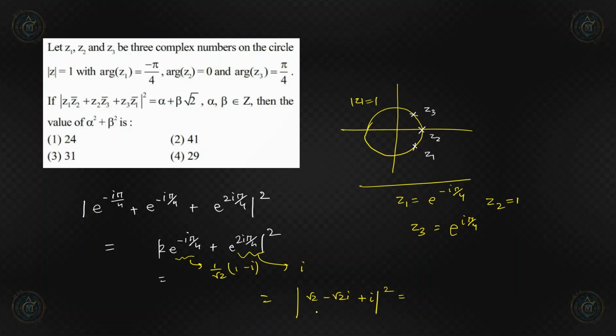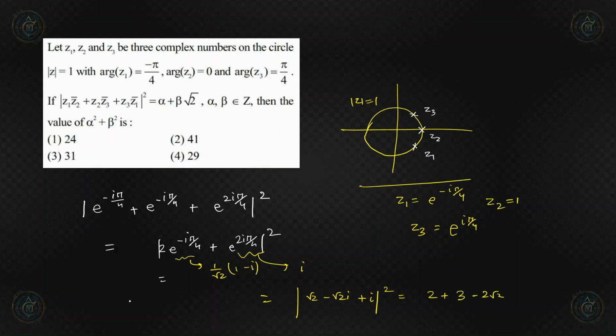Okay, so this will be root 2 square, which is 2, plus this square, root 2 minus 1 whole square. So root 2 minus 1 whole square will give us 3 minus 2 root 2, right?